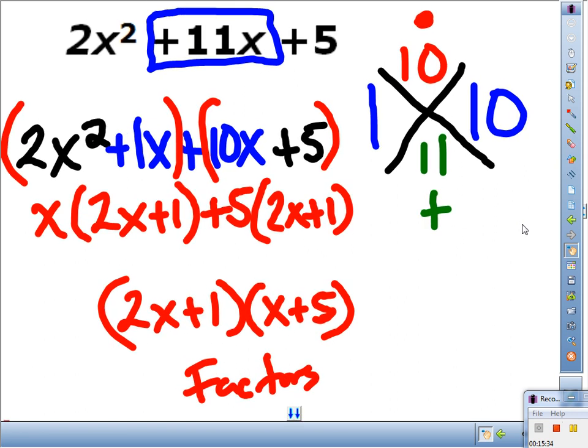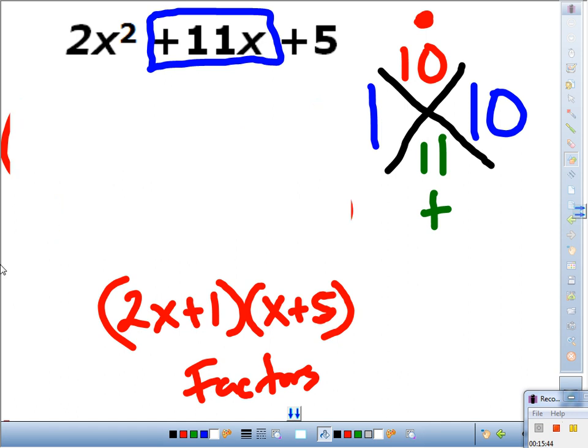You can't do that unless you do this. Look up. Watch. Ready?